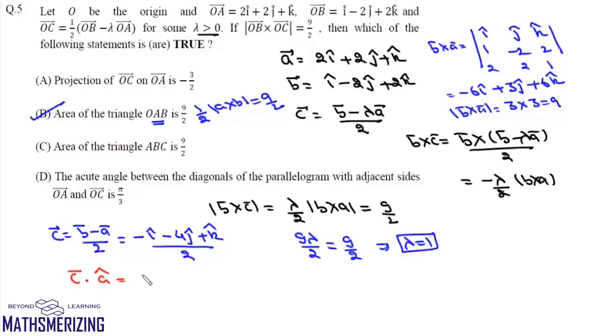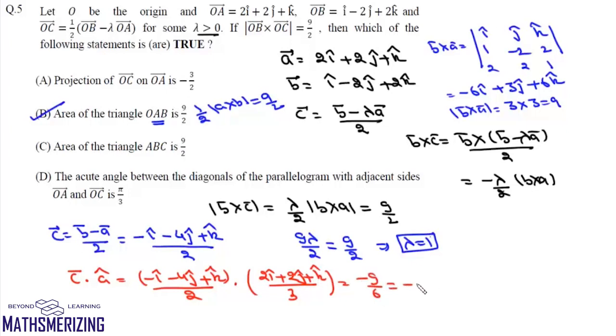Now C dot A cap will be minus i minus 4j plus k upon 2 dot A cap, and A cap is 2i plus 2j plus k whole divided by 3. Now this is minus 2 minus 8 plus 1, minus 9, so minus 9 by 6. So this value is minus 3 by 2. So projection of C on A is minus 3 by 2. That means this option A is also correct.